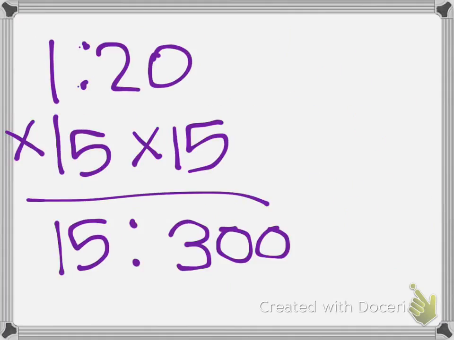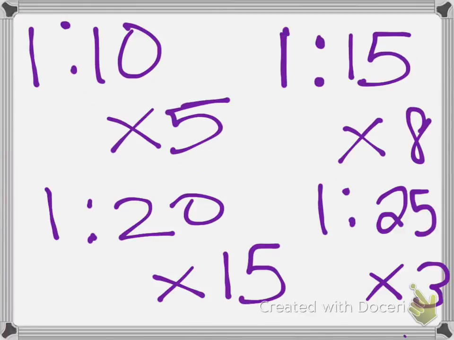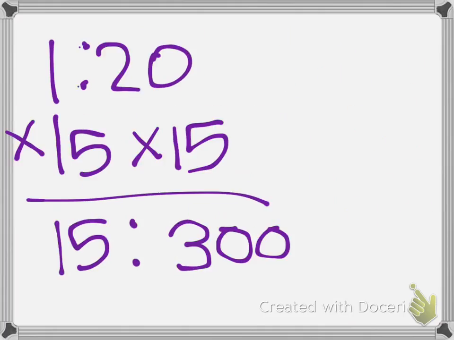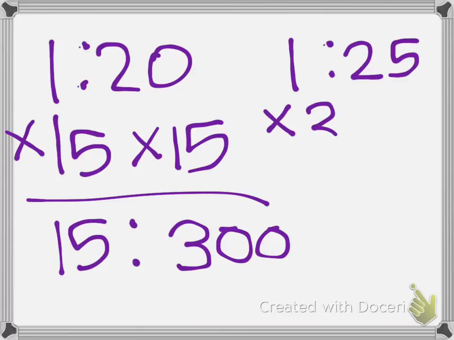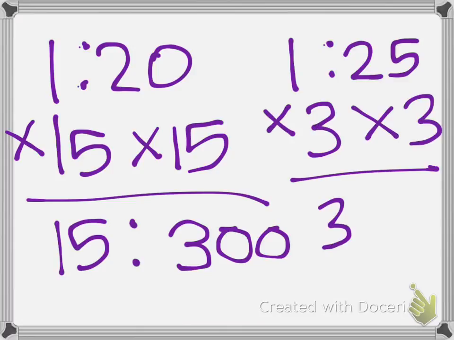So what's after our next? 1 is to 20. 1 is to 25. And since we multiply by 3, 25 times 3 is 75.